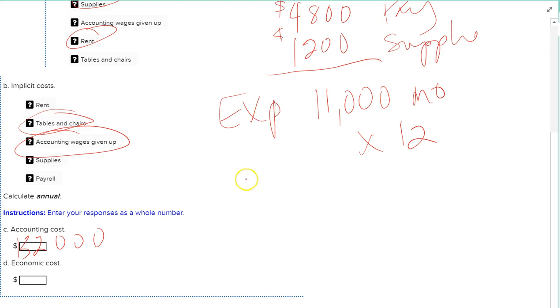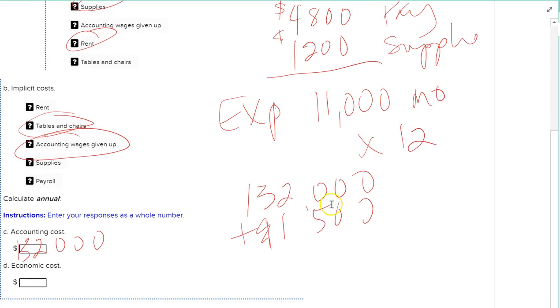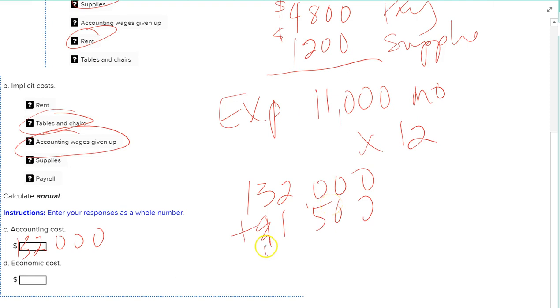So you have the 132,000 plus the 1,500. Hang on, let me put that in the right place. So plus the 1,500 plus the accounting wages she gave up. And so she would have earned $52,000 a year in accounting wages. So you can total it up and get her total costs over the course of the year at $185,500.